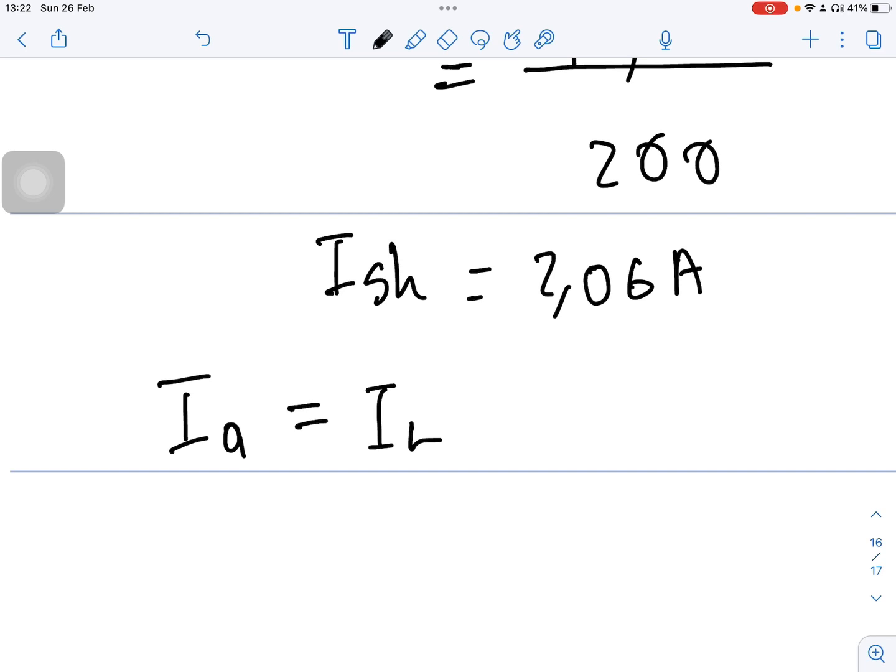Hence, I'm saying when you are dealing with an equation, look at the type of machine. Are they talking of a generator? Are they talking of a motor? If it's a motor, what type of motor? If it's a generator, what type of generator? Okay, please.